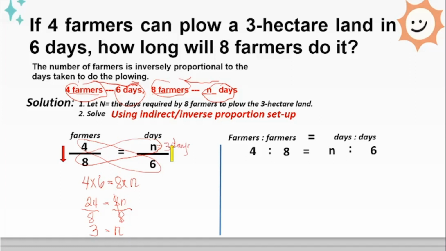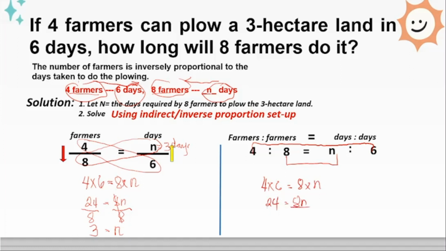Answer. So, using the column form, multiply the extremes. Then, multiply the means. So, here, 4 times 6 is equal to 8 times n. If you notice the solution, it's almost the same, right? So, 4 times 6 is 24 as 8n.